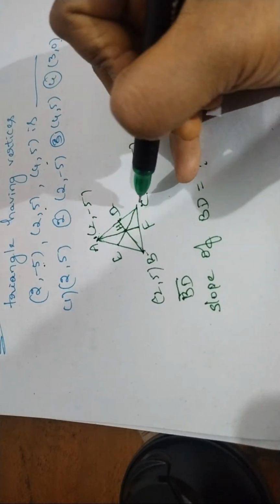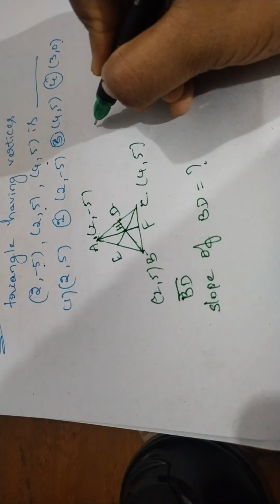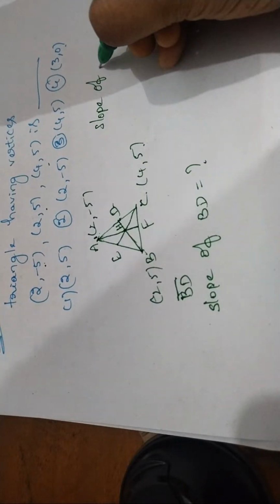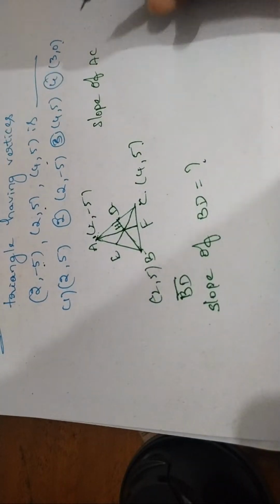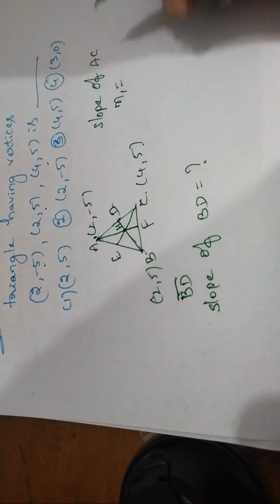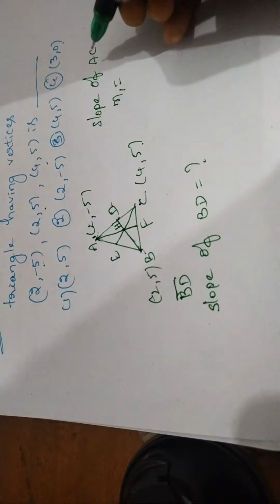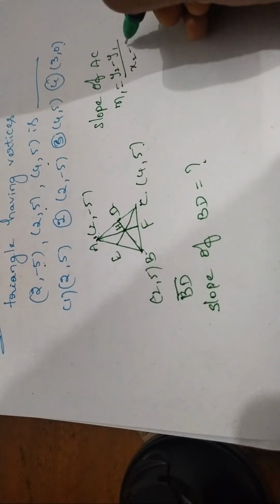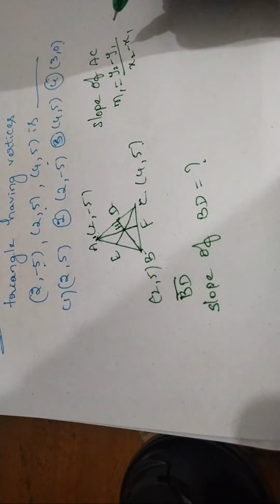So how do we find the slope of AC? Let us consider it as M1. The slope of AC, M1, equals (y2 minus y1) divided by (x2 minus x1). This is the slope formula when we know 2 points.